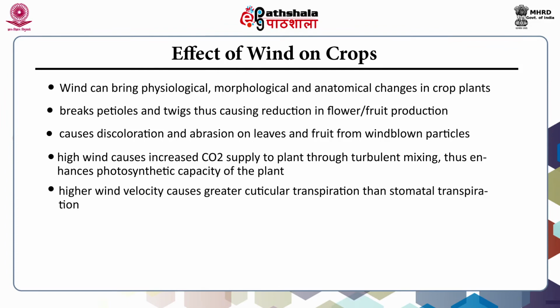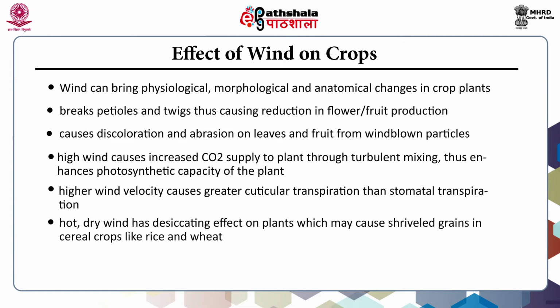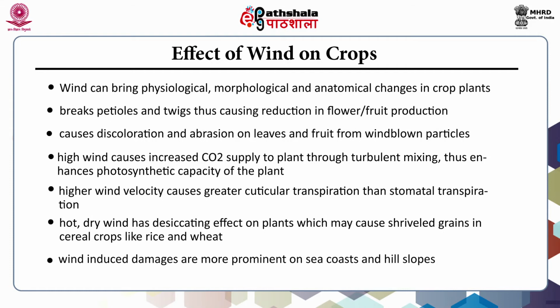Higher wind speed causes greater cuticular transpiration than stomatal transpiration. Hot dry wind has desiccating effect on plants, which may cause shriveled grains in cereal crops like rice and wheat. The wind induced damages are more prominent on sea coasts and hill slopes.